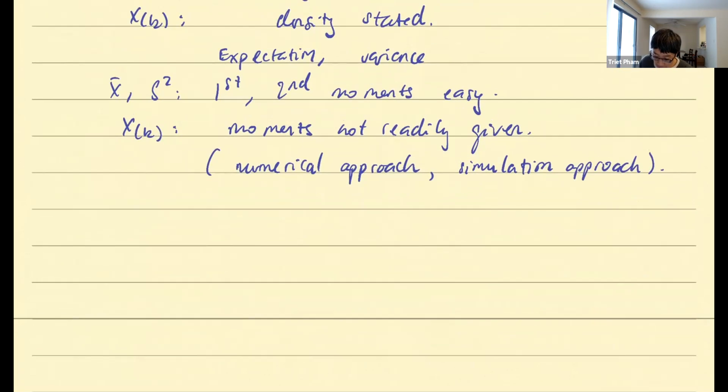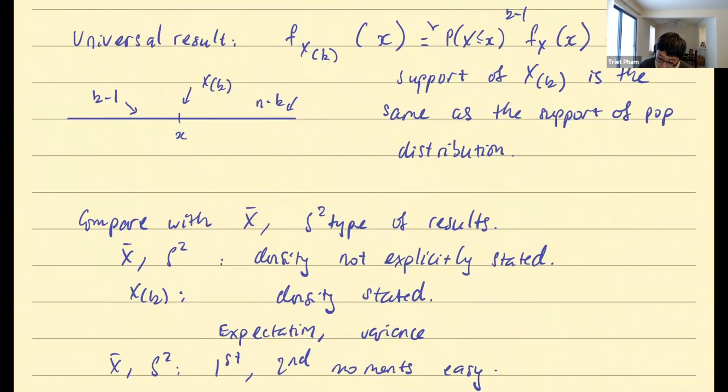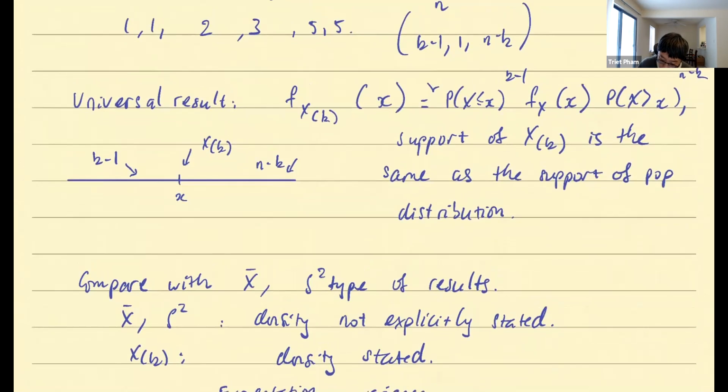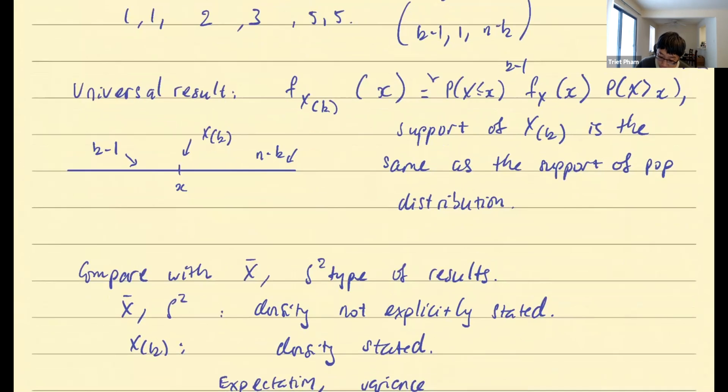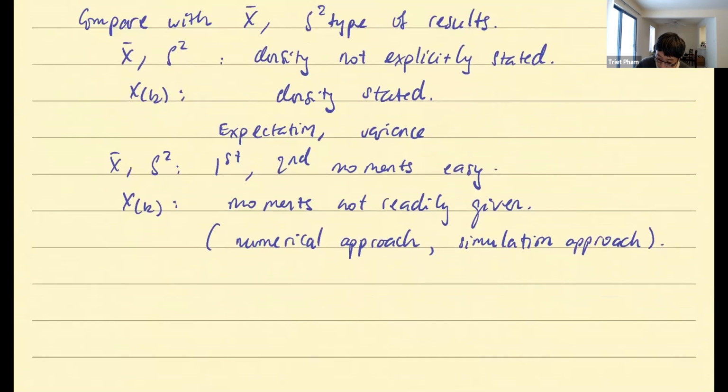Okay, so the next one we want to talk about is using this picture, using this principle, you can easily write down the joint density of the order statistics.